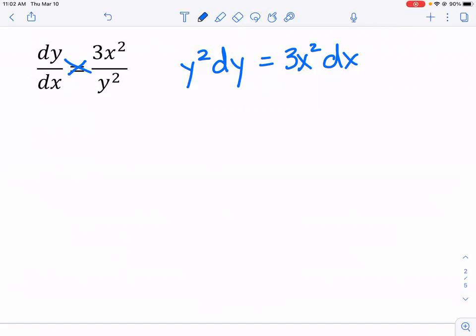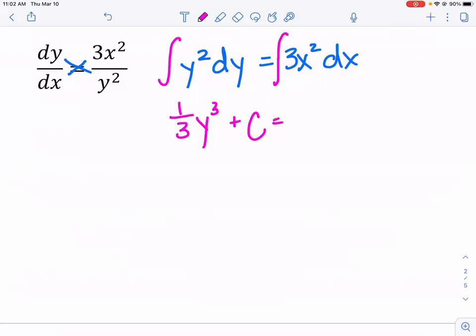Now that we have our variables separated, we are going to integrate both sides. What's the antiderivative of y squared? 1/3 y cubed. Don't write it, but technically we have a plus c.